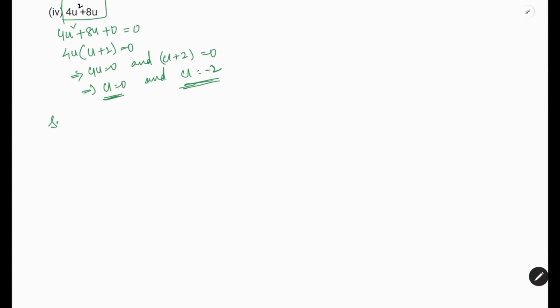Now sum of the zeros equal to 0 plus minus 2 equal to minus 2. Now product of zeros equal to 0 into minus 2. 0 into anything is 0.